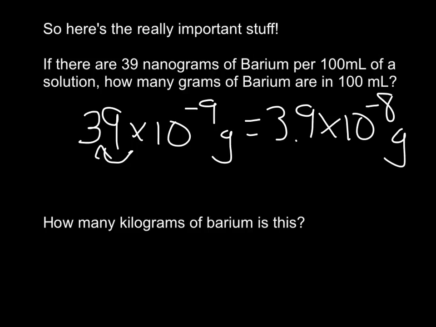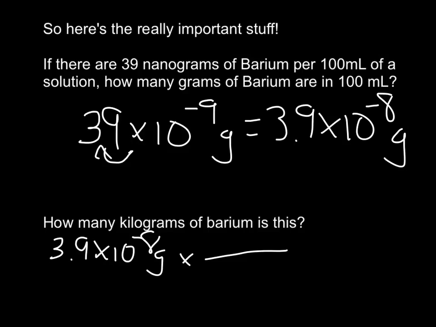Now, let's say we want to convert that to kilograms. That's not such an easy thing. I'm going to use a conversion factor here. I've got 3.9 times 10 to the negative 8th grams, times, I want to convert this into kilograms.